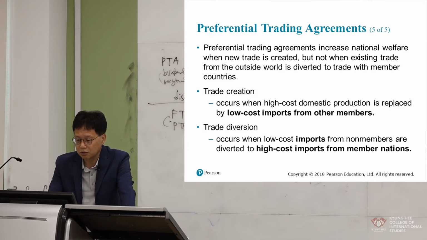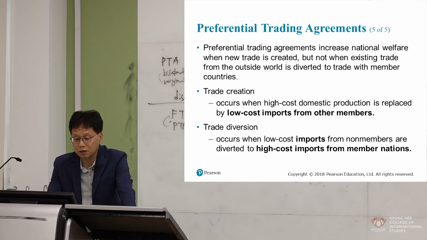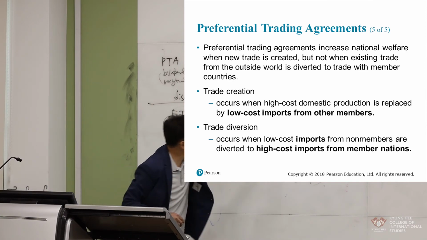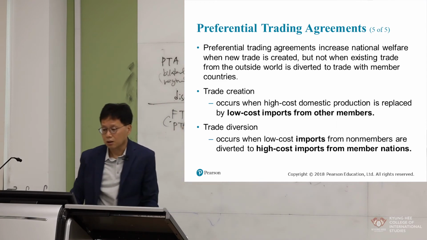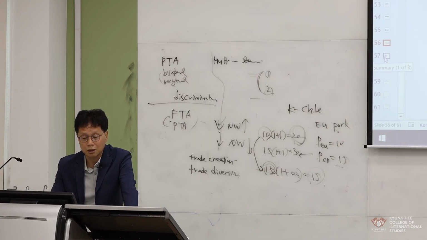That is explained here. Trade creation occurs when high-cost domestic production, domestic agricultural production for example, is replaced by low-cost imports from other members. Trade diversion occurs when low-cost imports are diverted to high-cost imports from member countries, from Chile. Okay?